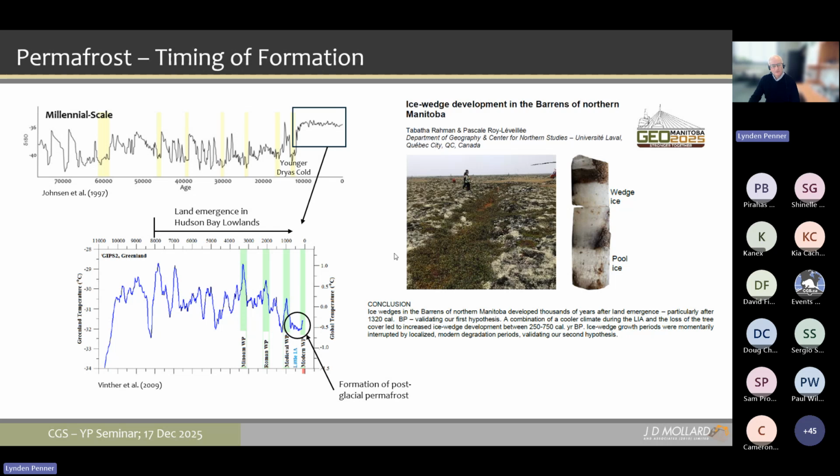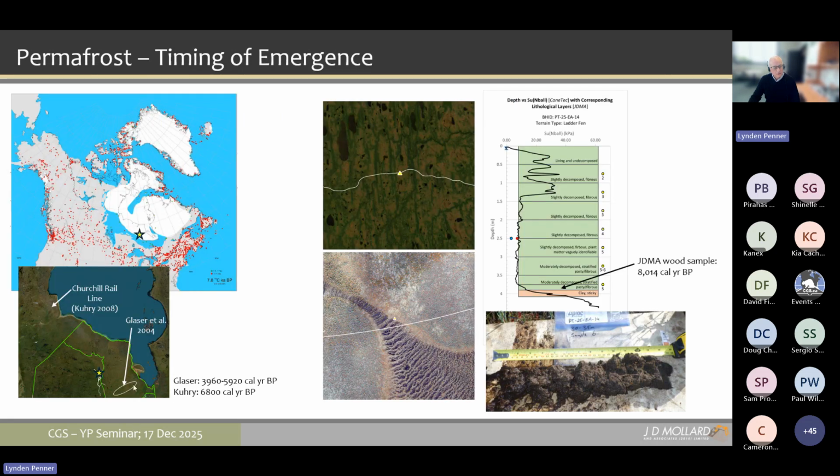Just to add to the story, we're currently doing some work down in northern Ontario, looking at peatlands for a road project, and we were able to collect a sample of wood from the base of a 4-meter section of peat, and that wood was dated at 8,000 years before present.